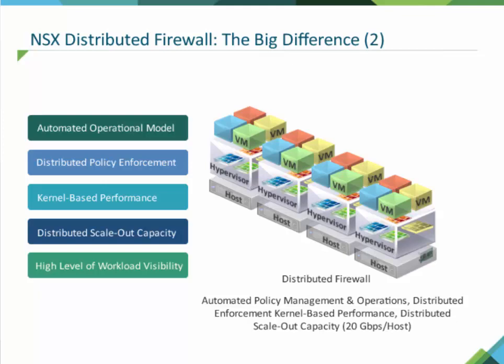Using an SDDC approach, firewall policies are provisioned with and enforced at each virtual machine's virtual interface. The distributed firewall function is done in the hypervisor kernel and delivers 30 gigabytes per hypervisor. So, the more hypervisor hosts you have, the more east-west firewall capacity you have.